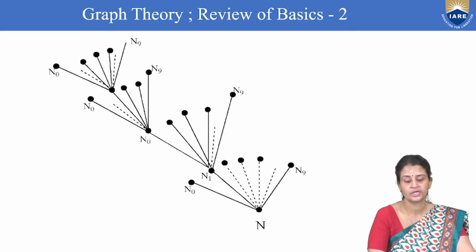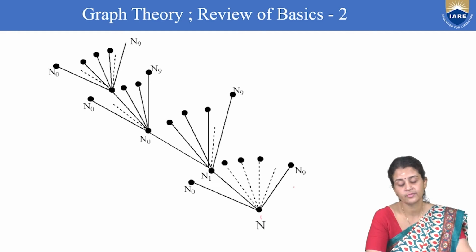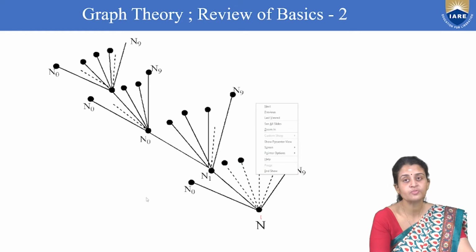See here, it is N, let it be the first post office from where the mails are being divided. From the first significant digit, they will be sorted to N0, then N1, N2, N3, etc., up to N9. Again, each of these points will be divided into 10 points.